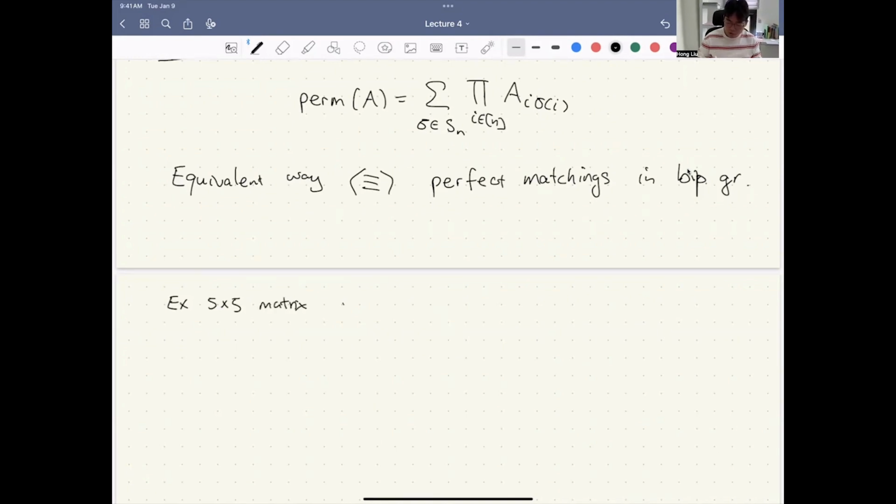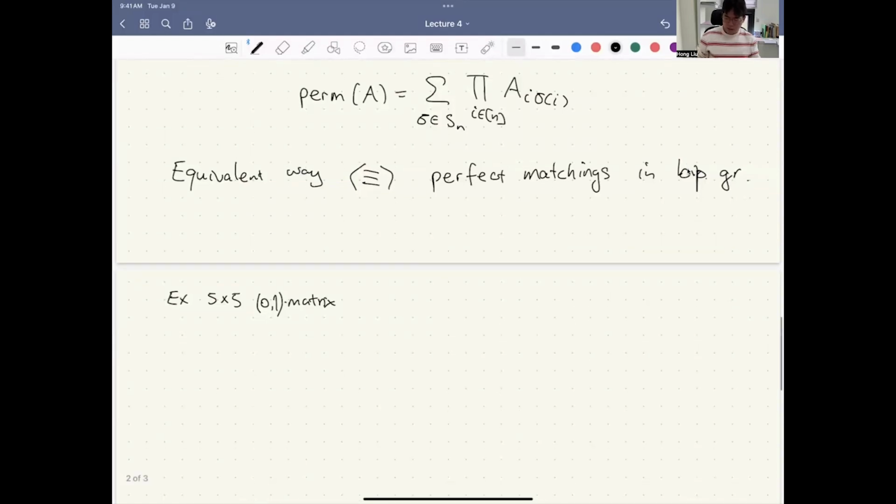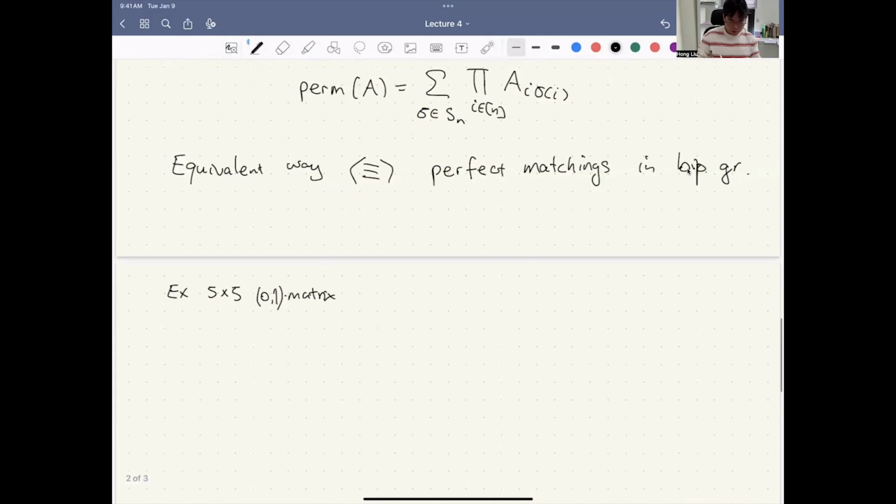And let's always restrict, throughout this course, to 0-1 matrices, okay? Let's say our 0-1 matrix is like this.